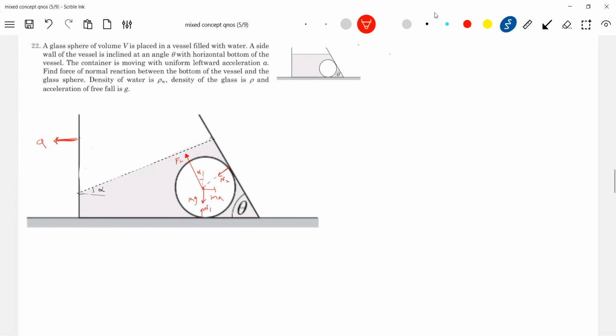What is that FL? How to calculate FL? If the sphere were at rest, what would have been that force? Density of liquid, volume V into G, no? If the container is at rest. Since the container is moving, effective G, what is effective G?